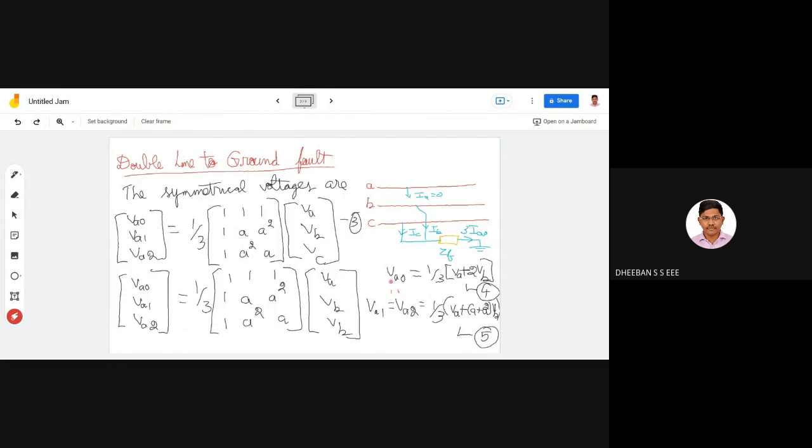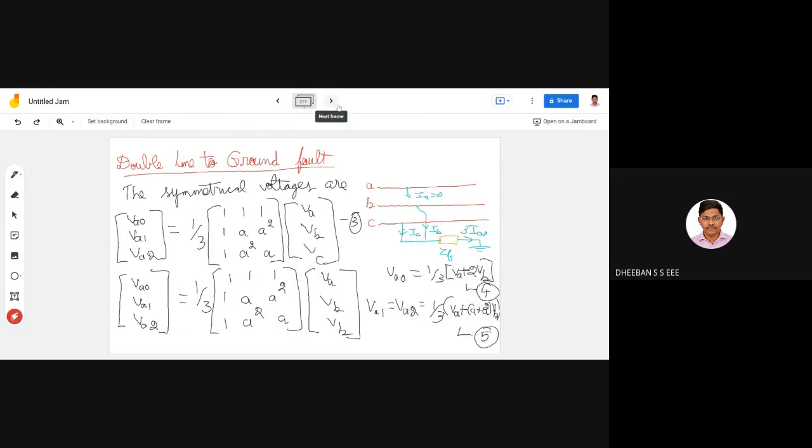VA0 is 1/3 into VA plus VB plus VC, so that lies 2 times VB, and after that VA1 is the same as VA2. Another thing you have to see is another operator term, A plus A square. A plus A square corresponds to j root 3.